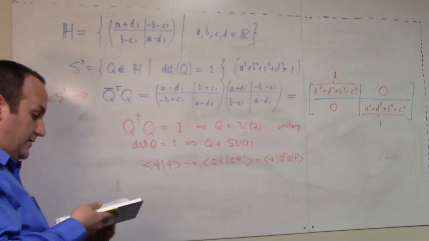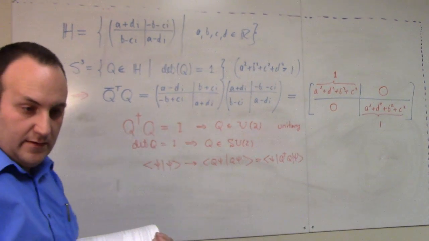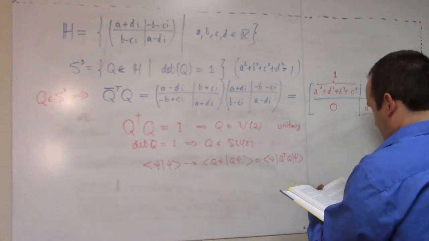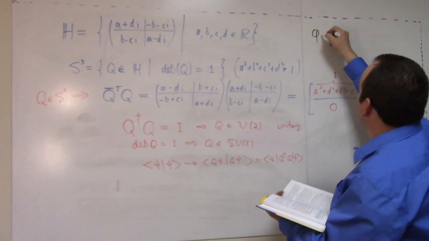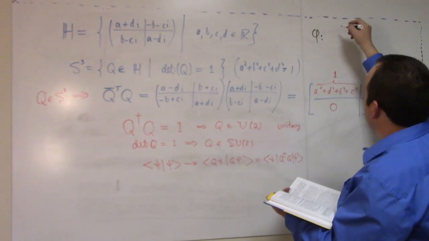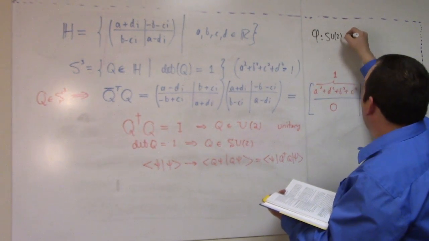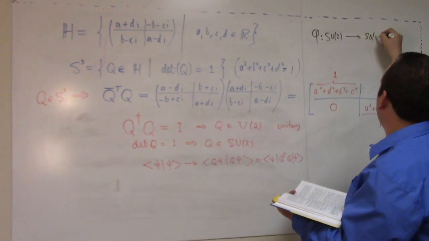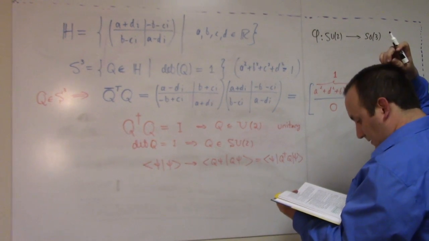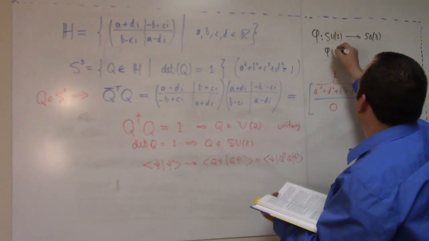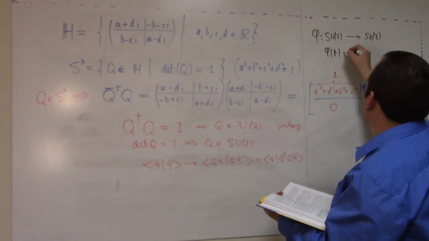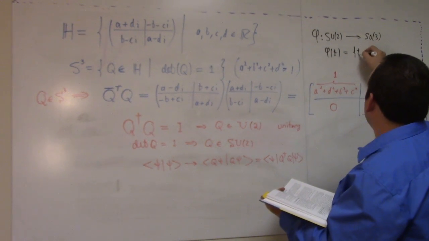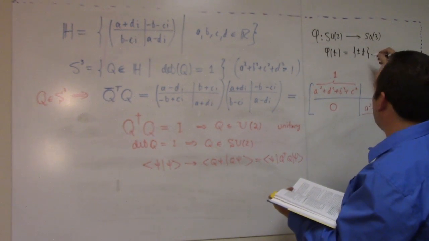Then what he's going to say here is you can have a mapping phi from SU2 to SO3, defined by phi of t equals plus or minus t. It's kind of a weird notation.